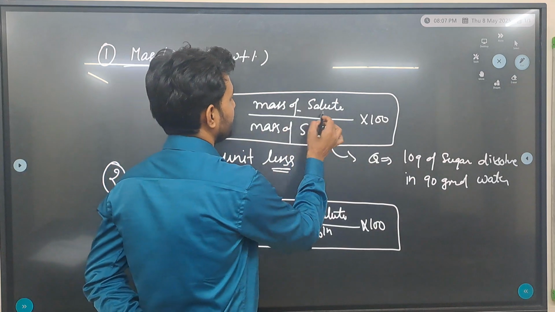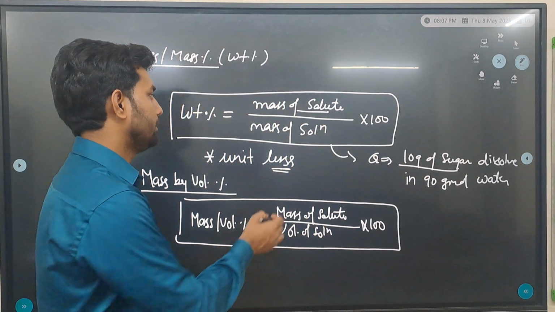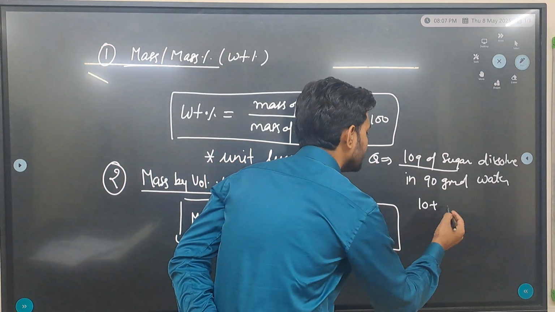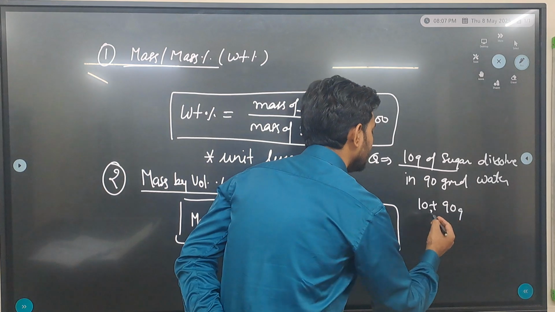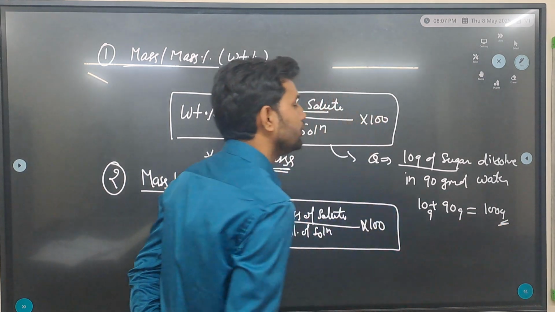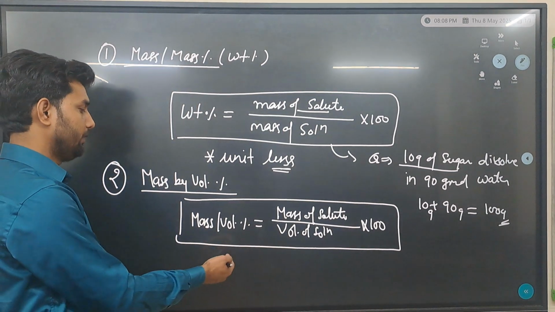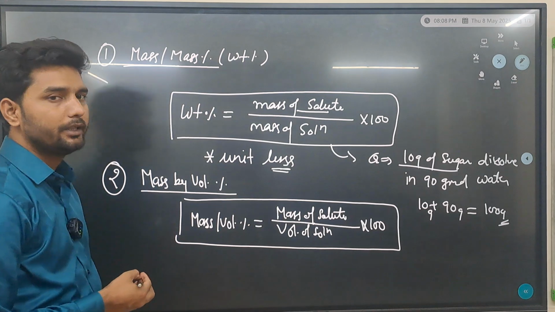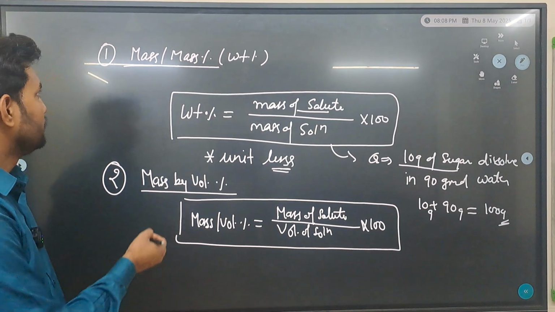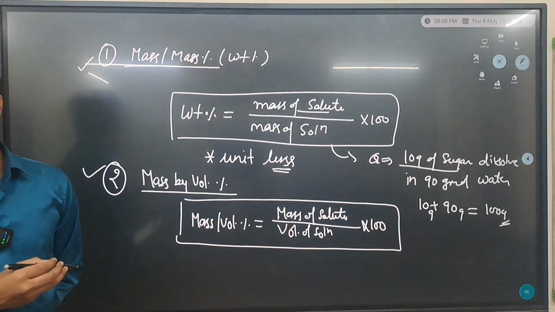Mass of solute means 10 gram sugar, its mass is given. Then mass of solution will be 10 gram solute plus 90 gram solvent, so mass of solution will be 100 gram. The same will be for mass by volume percentage. So both are clear: mass by mass percentage, mass by volume percentage.